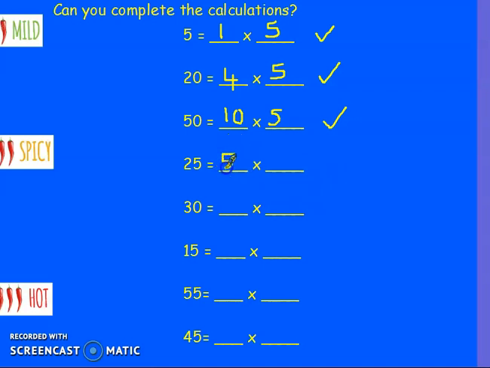25 equals 5 times 5. 30, 6 times 5 or 5 times 6. 15, 3 times 5 or 5 times 3. 55, 5 times 11 or 11 times 5. 45, 9 times 5 or 5 times 9.